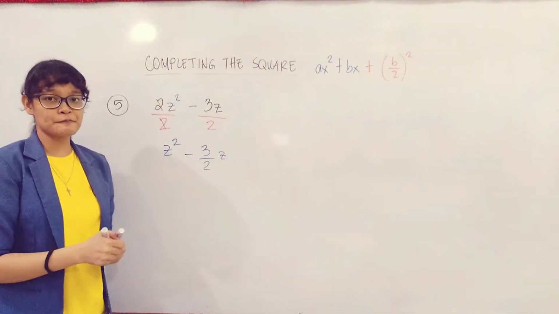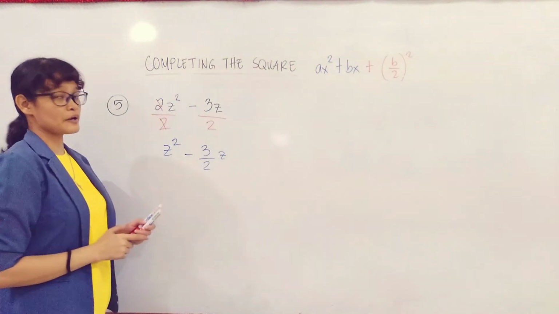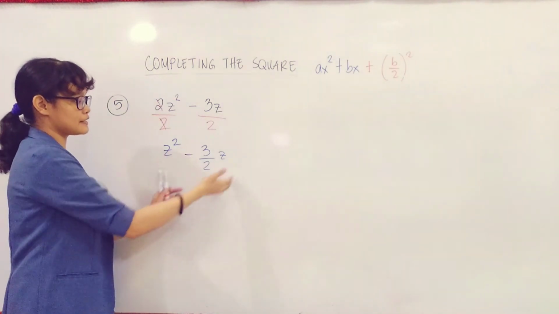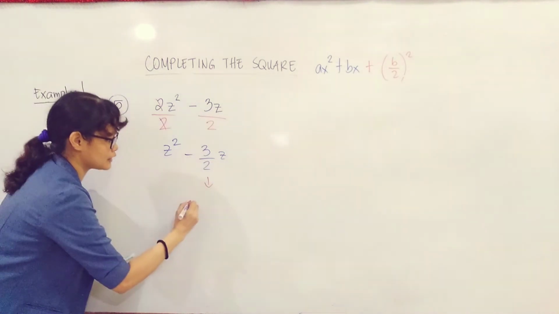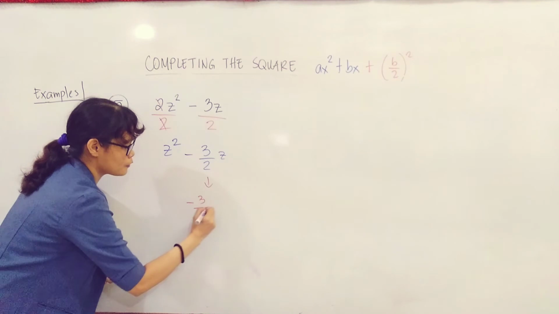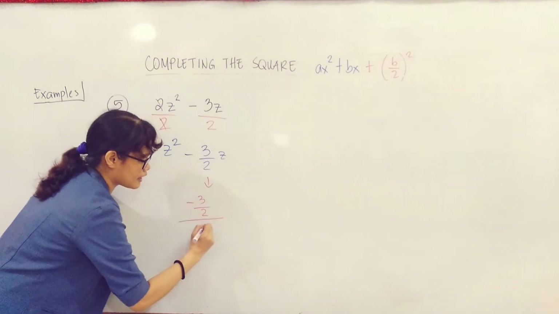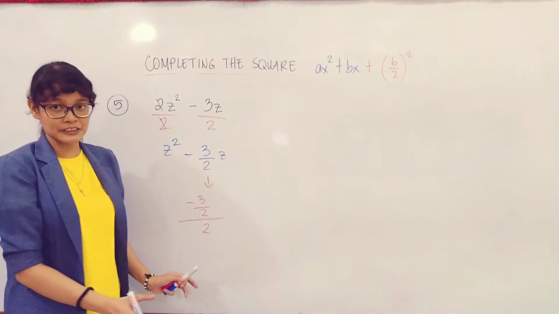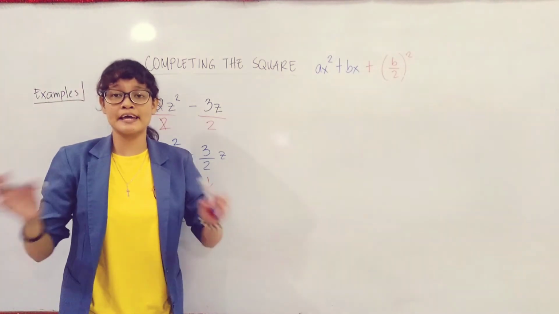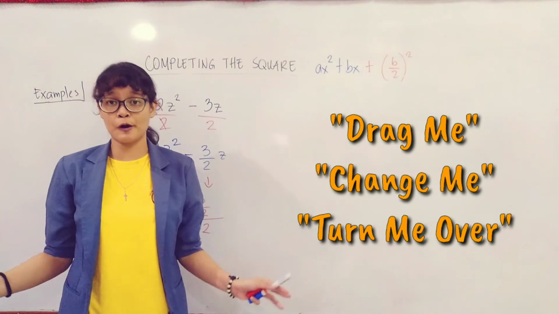Alright, next, proceed to the first step of completing the square method. Get half... change me, turn me over method.